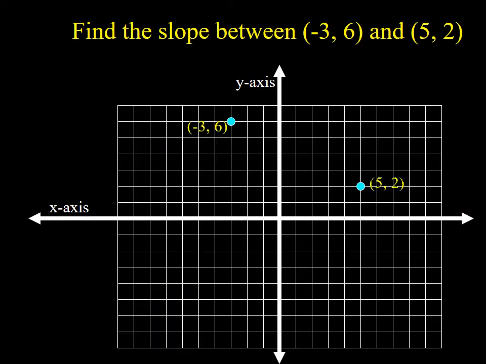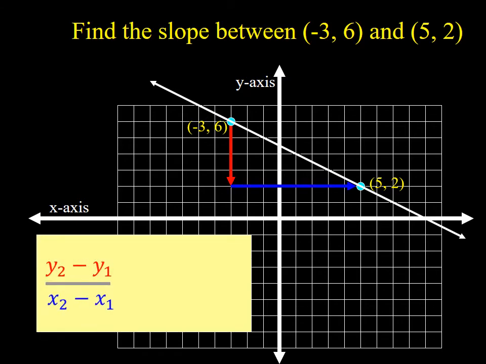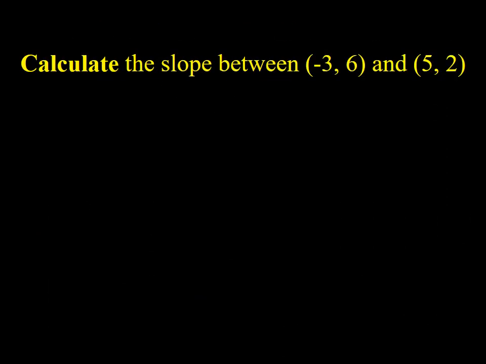If we have 2 points, (-3, 6) and (5, 2), we will find the slope here: (y2 - y1) over (x2 - x1) = -4 over 8 = -1/2. Calculate the slope between (-3, 6) and (5, 2).